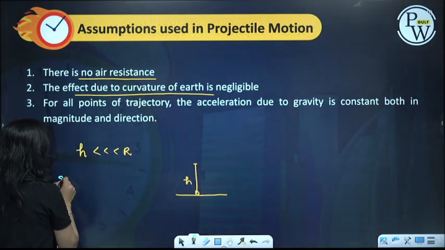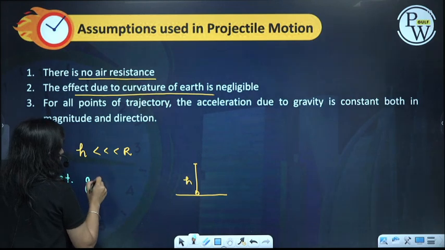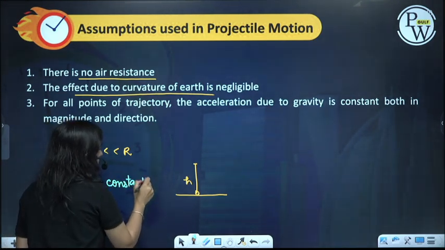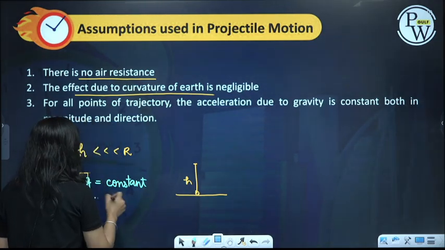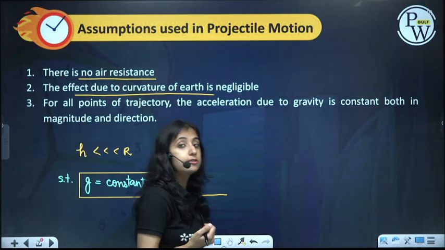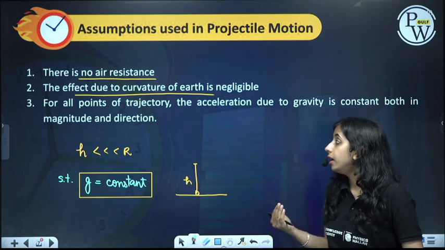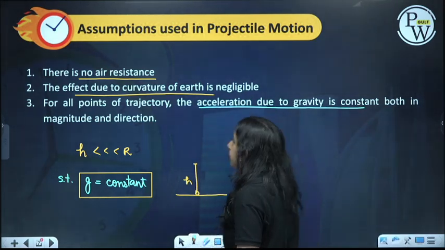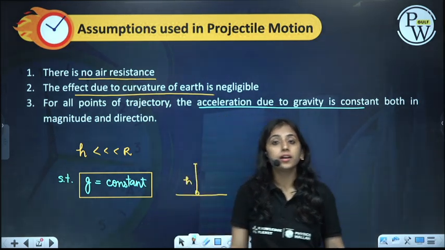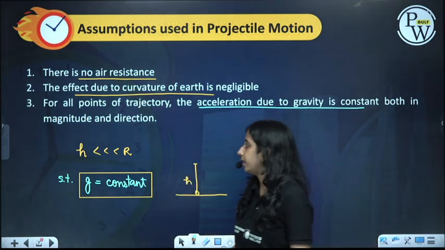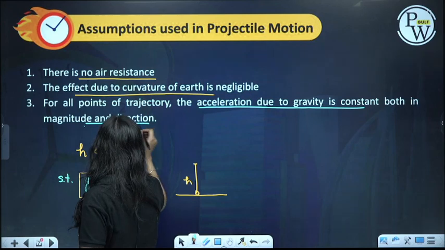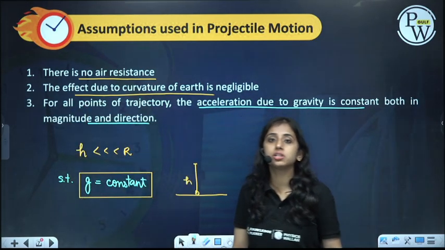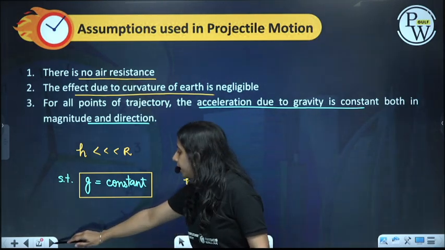We assume the effect of height is not enough for g to change. For all points of the trajectory, acceleration due to gravity is constant both in magnitude and direction. Clear? These are the assumptions we make to study projectile motion.